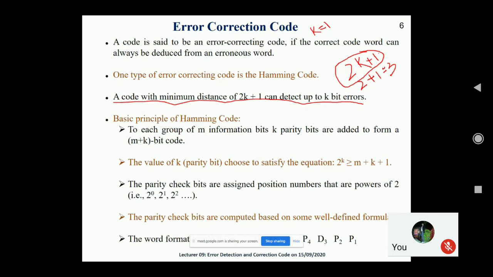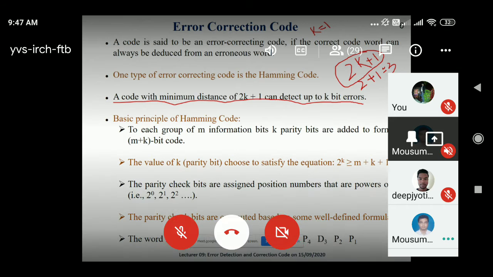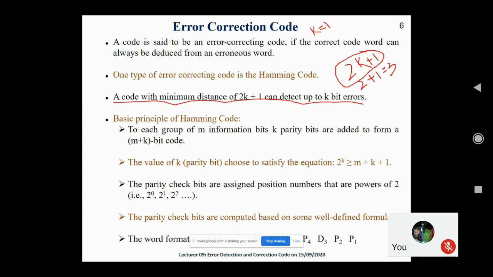So 2k plus 1 is the generalized form. If k errors are there, how much distance is required to correct them? 2k plus 1. And when detecting k errors, what minimum distance is required? It is k plus 1. Just simple.